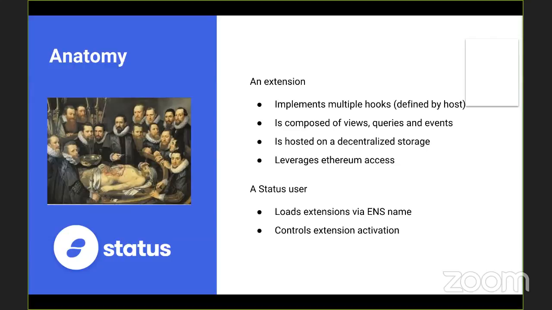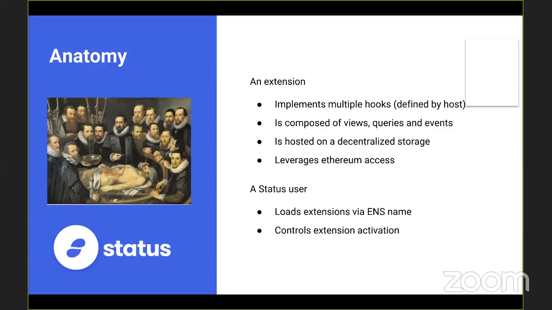I will quickly introduce some concepts behind extensions. An extension implements different hooks, and the hooks are defined by a host. In our case, Status is a host, so Status specifies what can be extended, and an extension can provide implementations of those hooks.